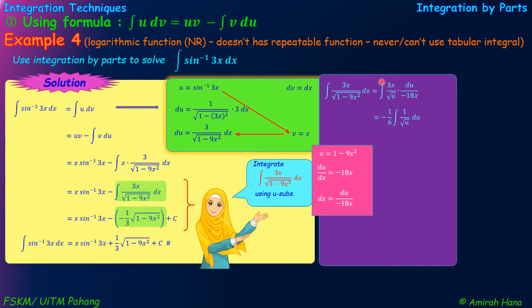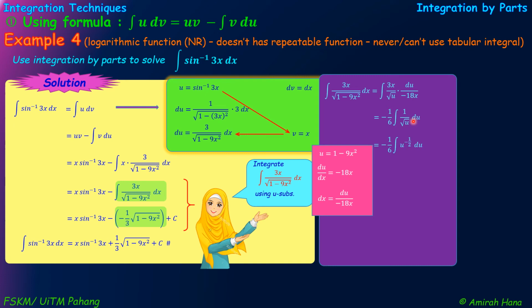Okay, then we can simplify x and x here, and we can simplify constant 3 and negative 18, and we move out the constant, so we can write negative 1 over 6. Okay, after we simplify, we move out the constant negative 1 over 6, integration of 1 over square root of u du. Okay, now we get all terms in u and du.